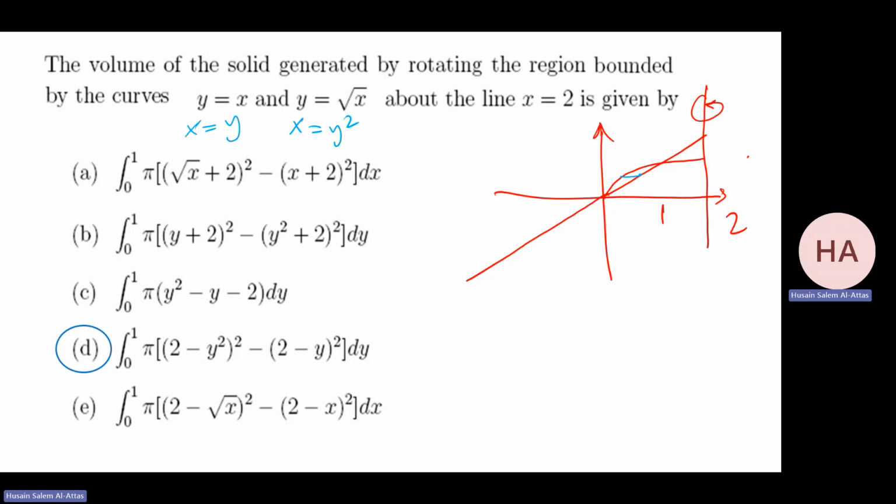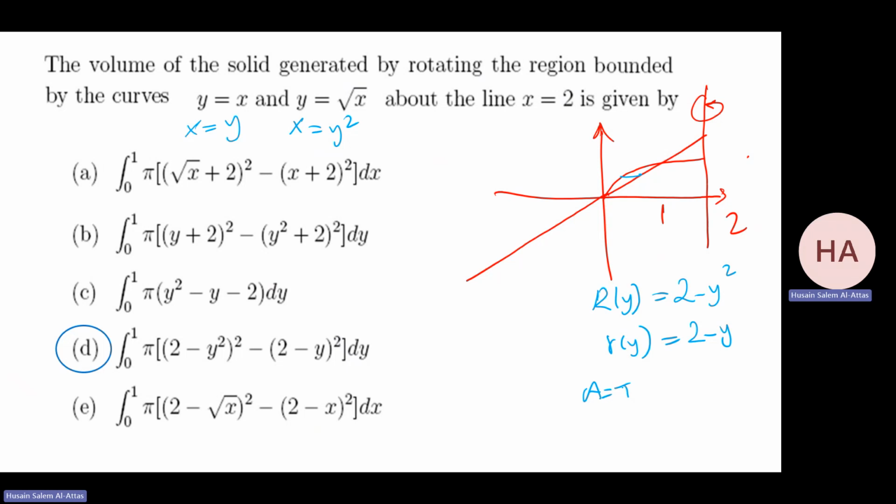Okay. And capital R of y will be the bigger one, 2 minus y squared. And small r of y, the small one, 2 minus y.